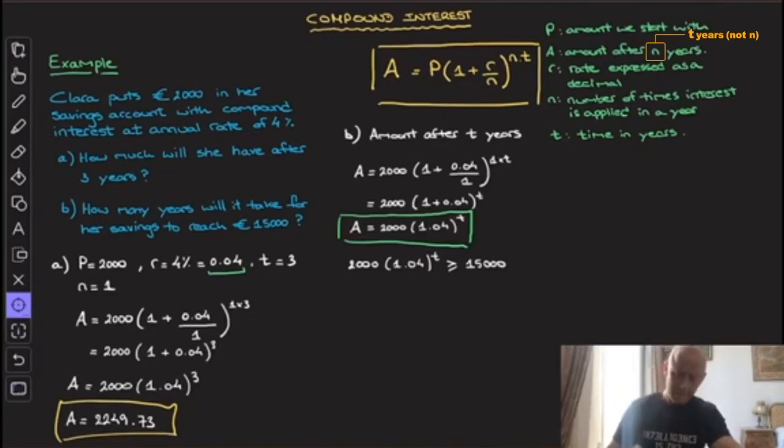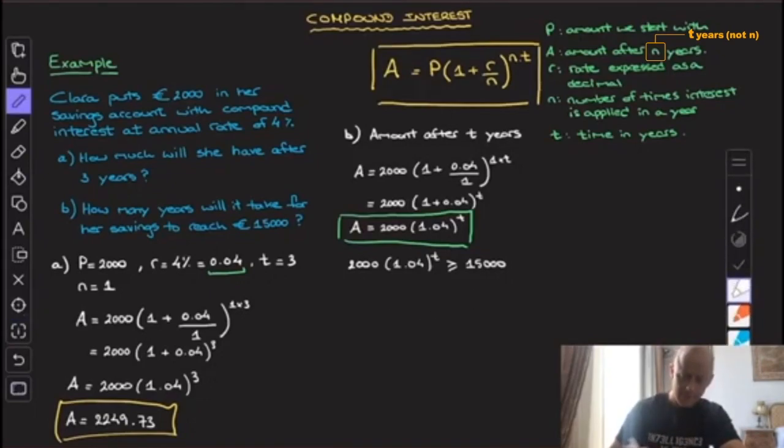So let's go ahead. If I divide both sides of this inequality by 2,000, it's going to become 1.04 raised to the power of t greater than or equal to 15,000 divided by 2,000. Now you may see right away that's the same thing as 15 over 2.